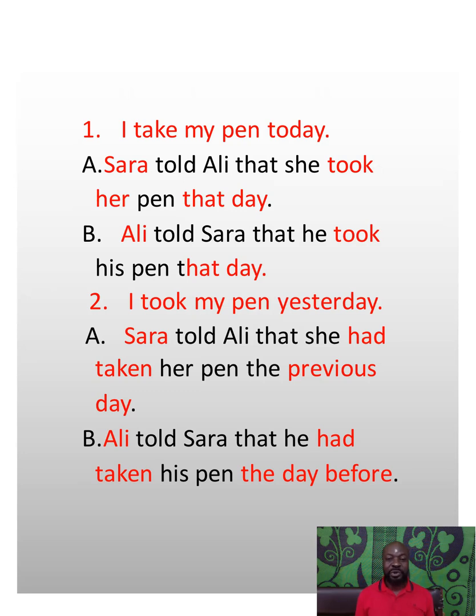Yesterday changes to the day before. There are 2 ways of changing yesterday: the previous day or the day before. Be careful. You have to put that word there. The day before, the previous day. Yesterday changes to the previous day or the day before.